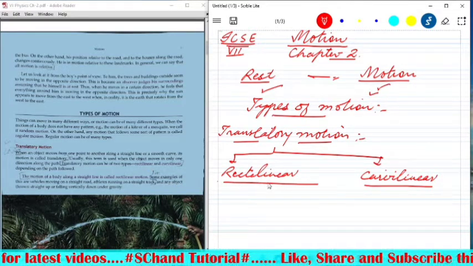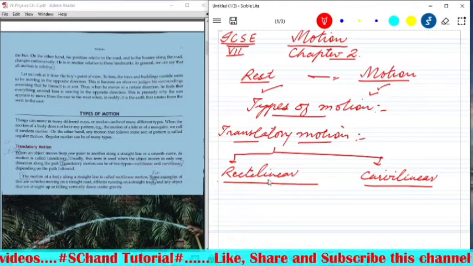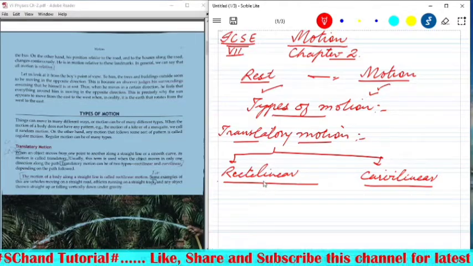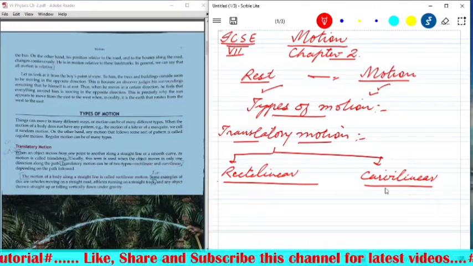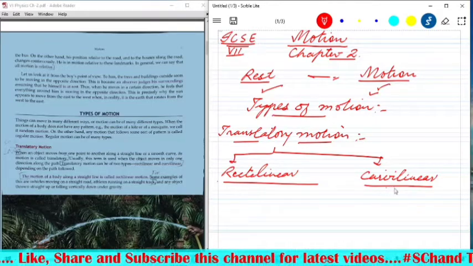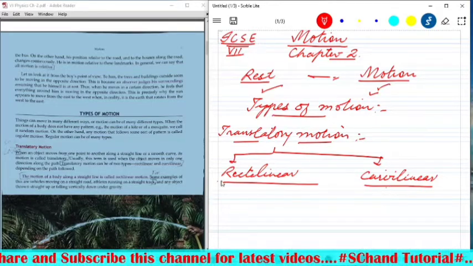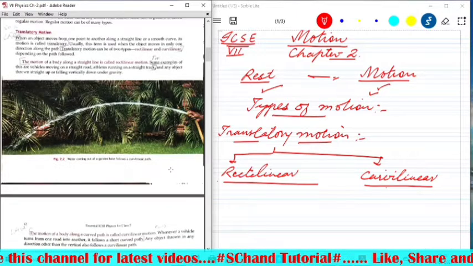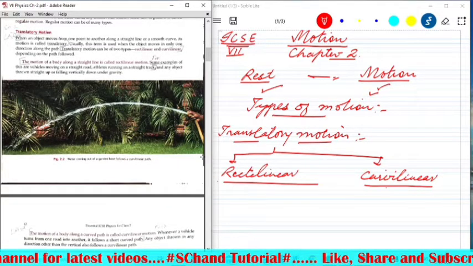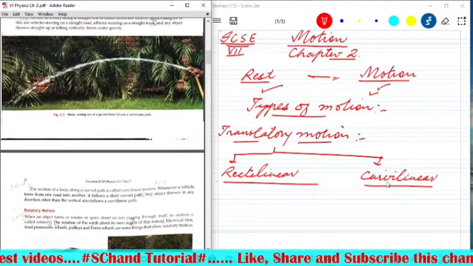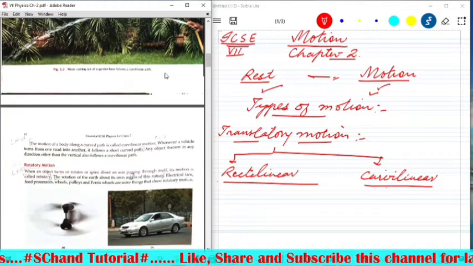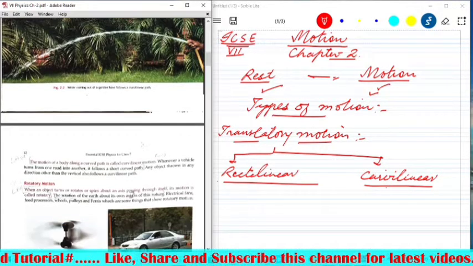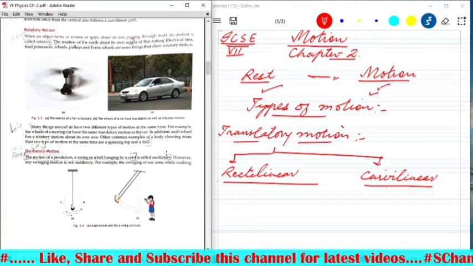For example, a vehicle moving on a straight road has linear, rectilinear motion. If a vehicle is moving on a curved road, it has curvilinear motion. Here they have given the example of water coming out of a tap or a water pipe, which has curvilinear motion. It will go straight and also make a curve. That is curvilinear motion.